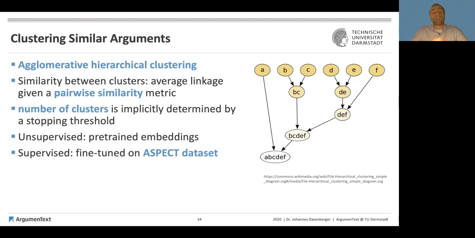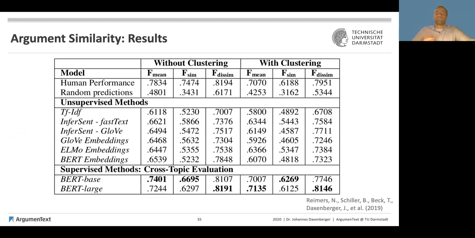In our evaluation, we tested both unsupervised embeddings, which means that we used pre-trained embeddings that were trained, so they are in a certain sense supervised, but not on the actual task of determining similarity. So they had some other notion of similarity potentially. And supervised means that we actually use the aspect data set to fine-tune this similarity function to be able to calculate a dedicated argument similarity score.